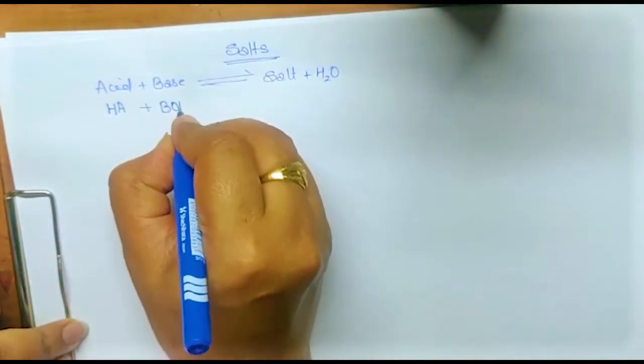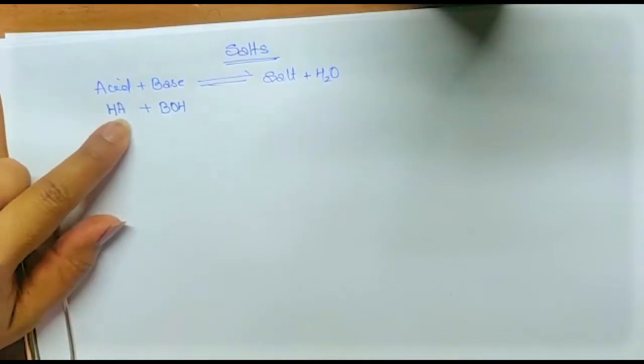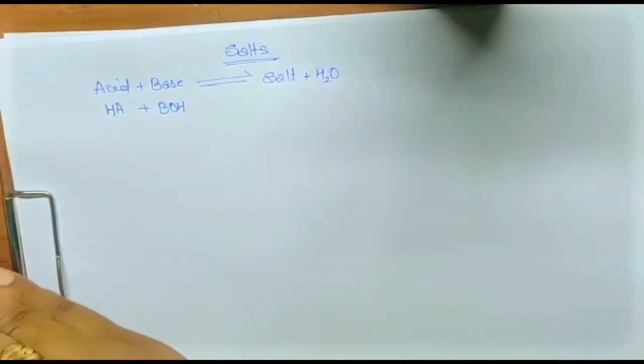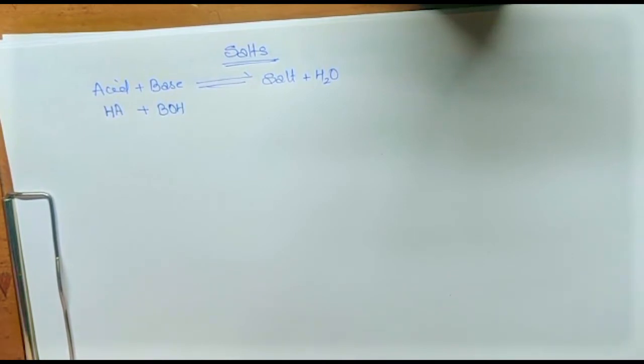Now you can ask why I wrote H first in the acid, but in the base I wrote OH afterward. Whenever we write the formula of a compound, the positive part should always be written first and then the negative part, except for organic acids, which we will do later.